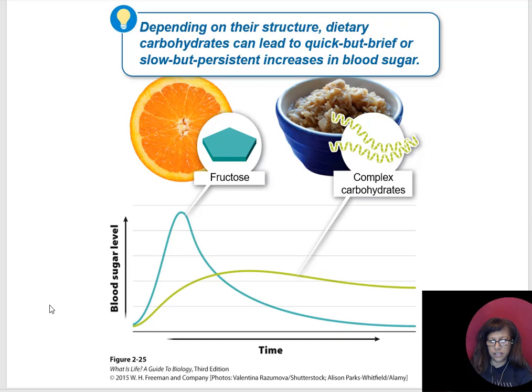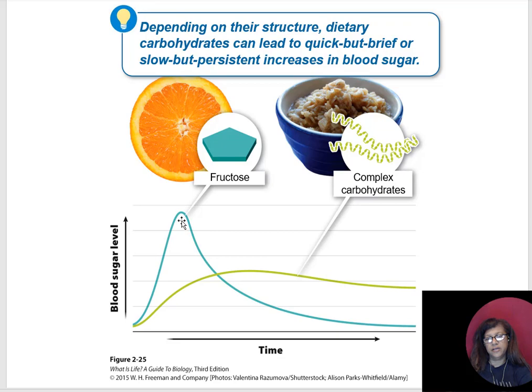So let's take a look at this graph that we have here. On our y-axis, we have the blood sugar level, and on the x-axis, we have time. When we take a look at fructose, and I'm breaking those bonds between the carbon and the hydrogen, I can get to that energy really fast, really quick, right? But it's single molecules of fructose.